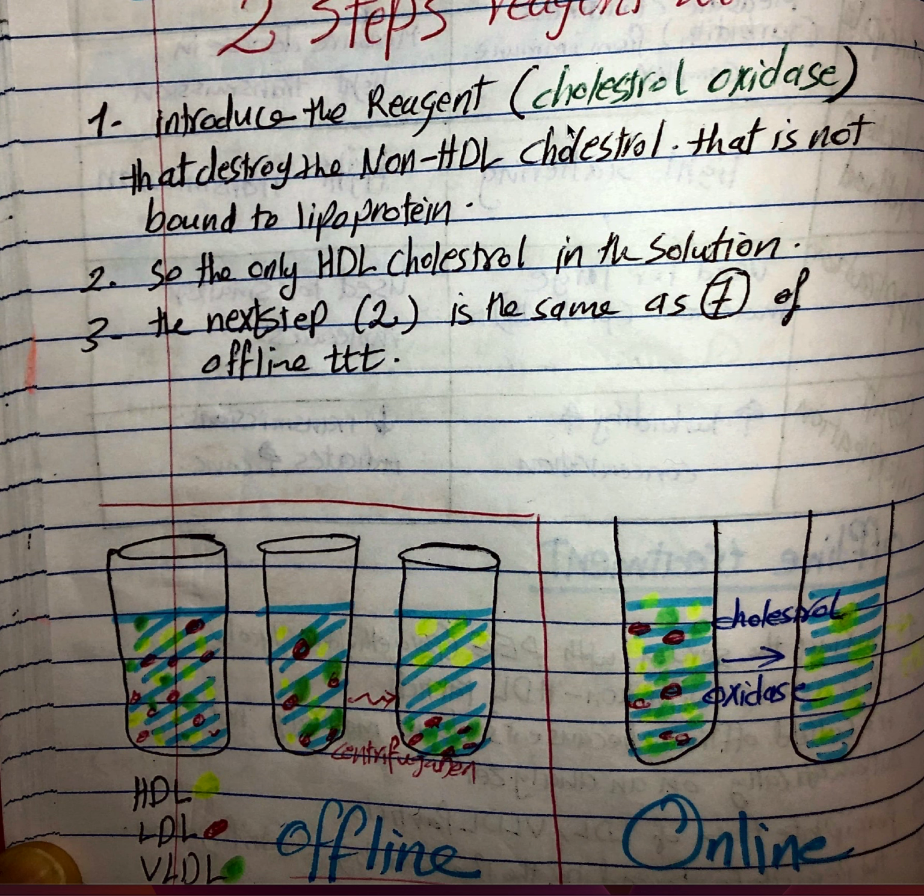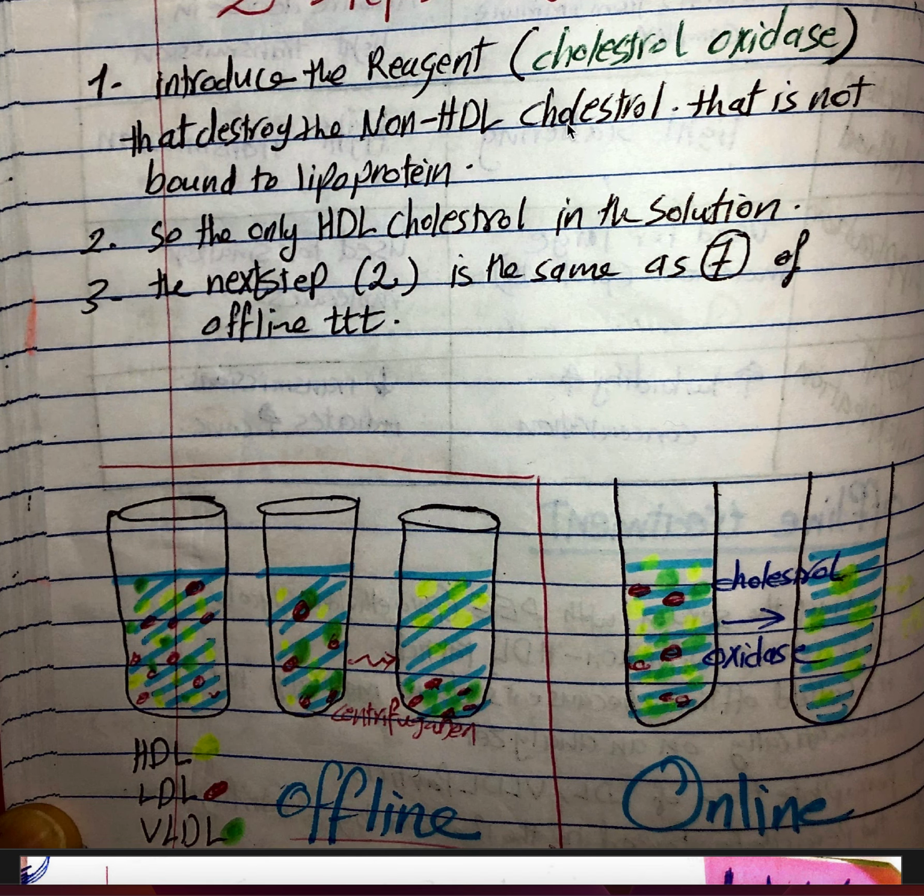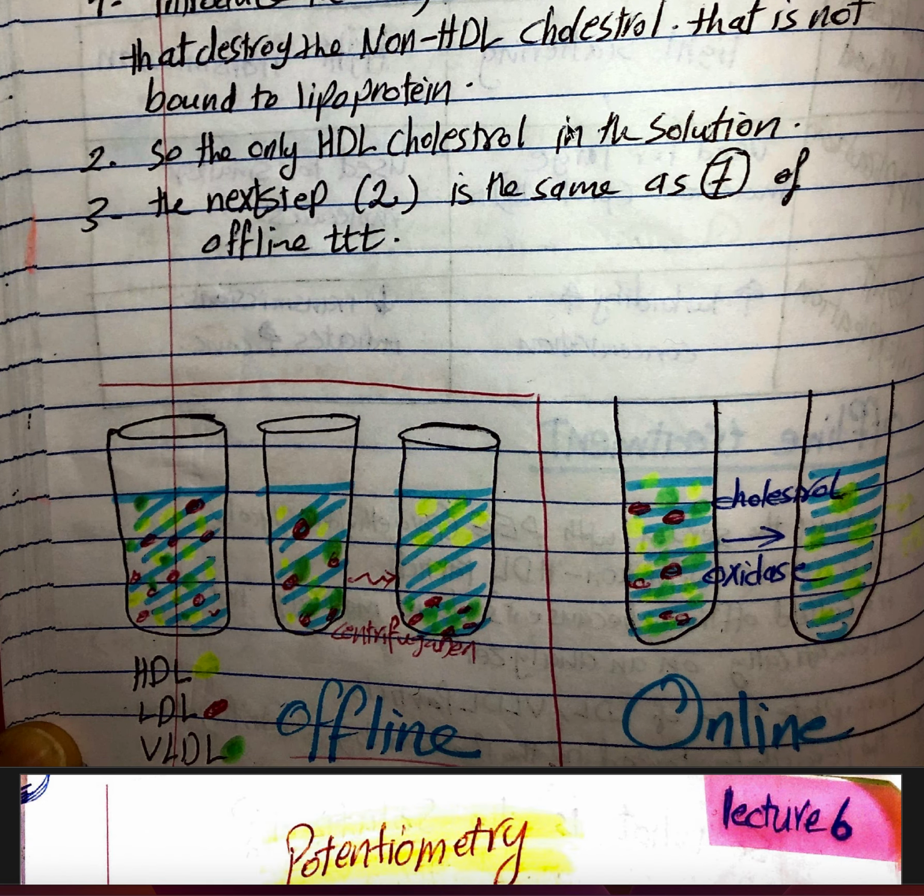We just put the cholesterol oxidase, which destroys everything except the high density lipoproteins. Then we put the cholesterol esterase enzyme, which leads to a product we can measure by photometry, and that's what we call the online treatment.